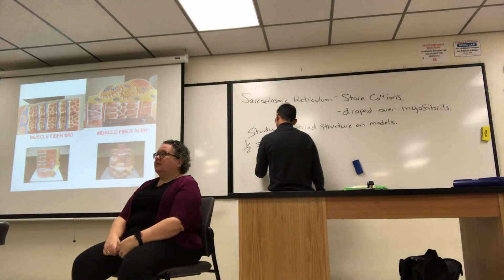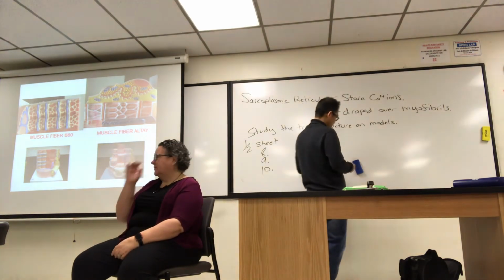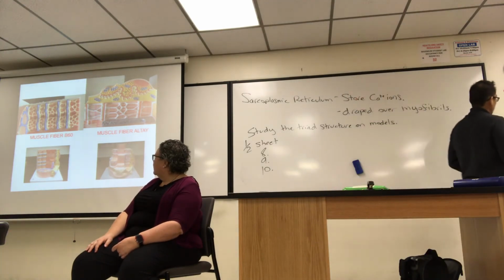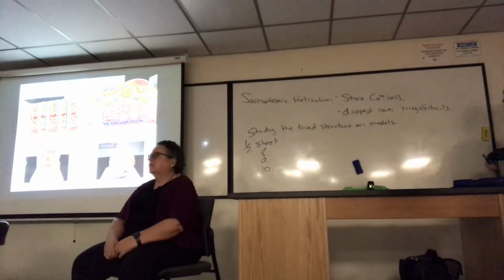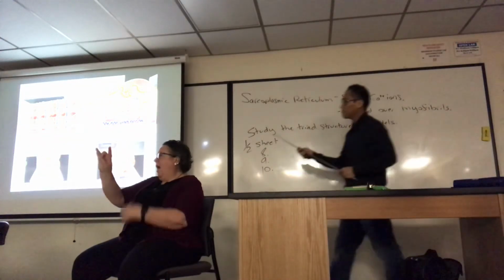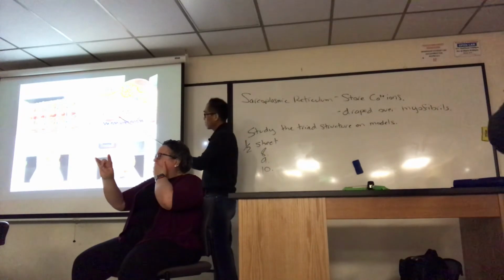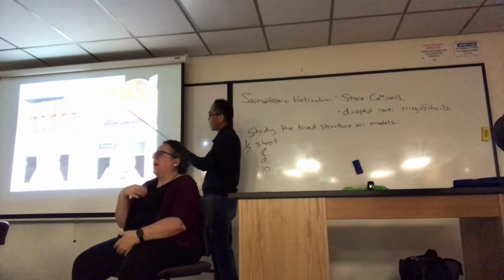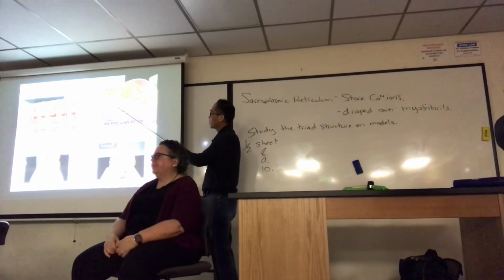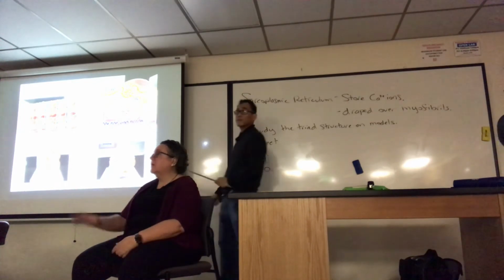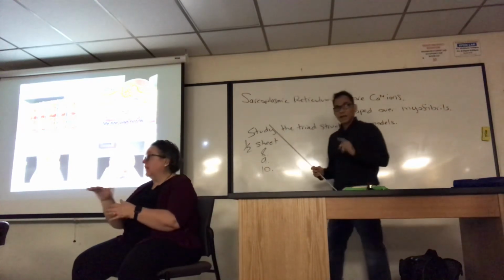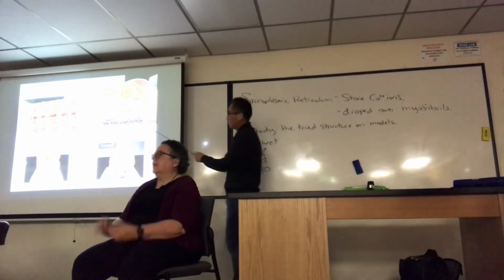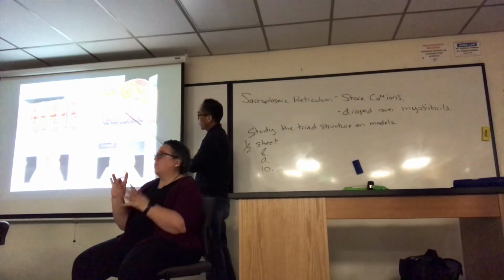Eight, 9, 10. Let me ask you a couple things. On number 8, on your half sheet, identify this white stuff right here in the middle. Spelling counts. Once again, number 8, the white stuff in the middle.